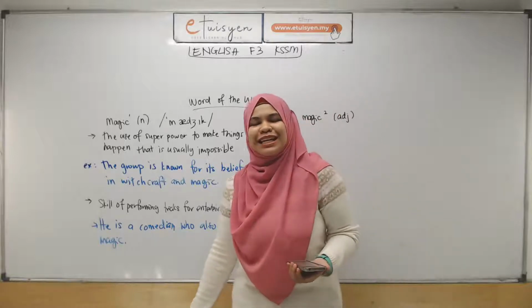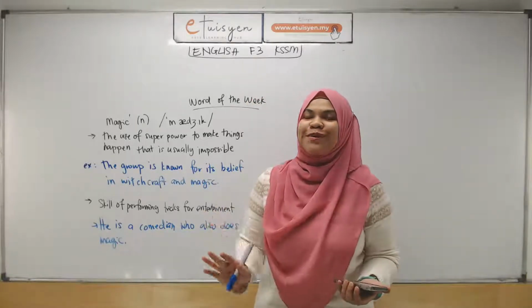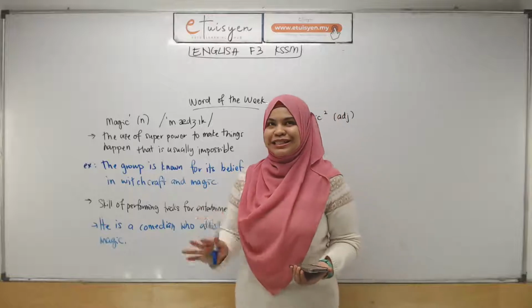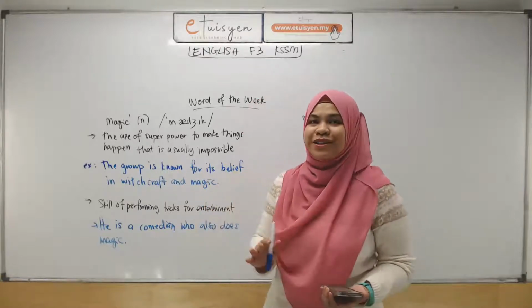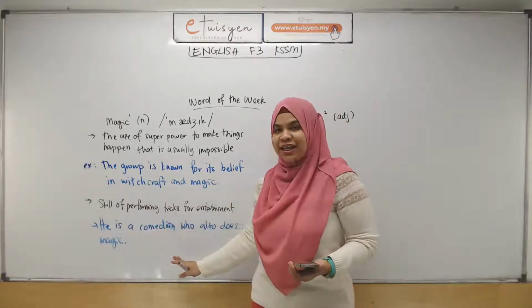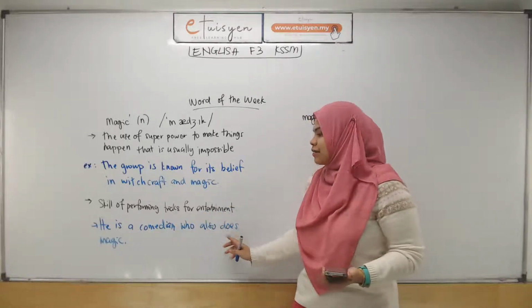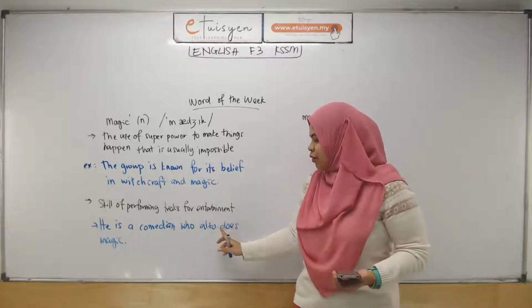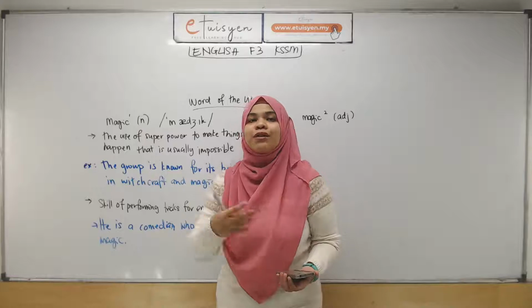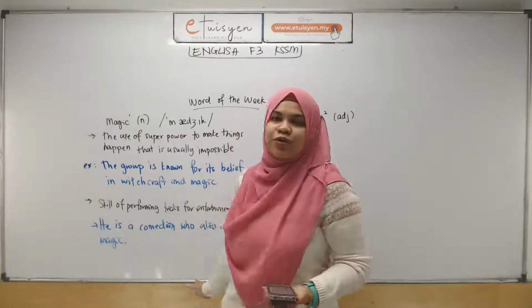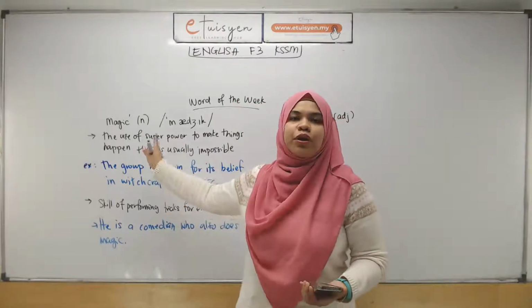Ini Miss lemah sikit ni. I don't know the faces, but I sometimes forgot the names. I think Nabil is one of the one, yang Maharaja Lawak, this kind of thing, right? So the comedian, those are the people, and other than they can tell the jokes, they also do magic, so they can entertain, they can use magic while making jokes. Okay, so that's how you use it as a noun for the word magic.